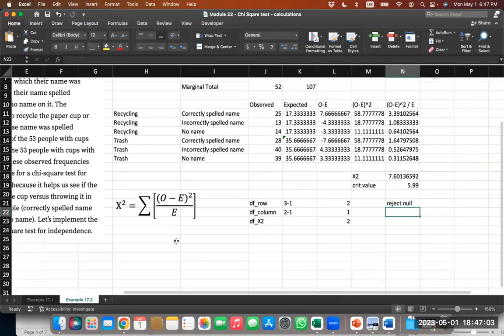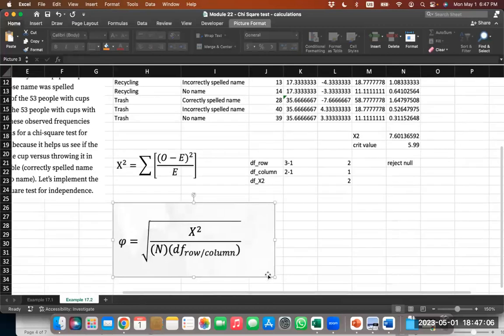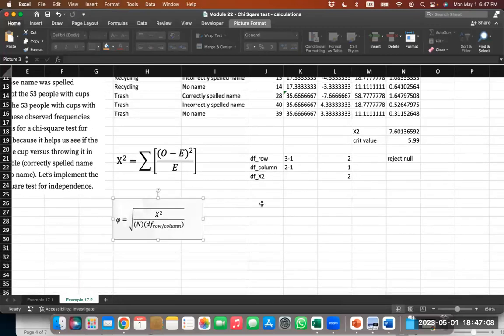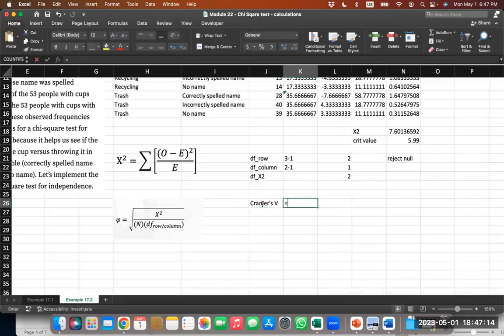Cramer's V is the square root of the chi-squared divided by 159, which is our total sample size, multiplied by our degrees of freedom, which is 2. That gives us a phi of 0.15. Putting the formula on the side.